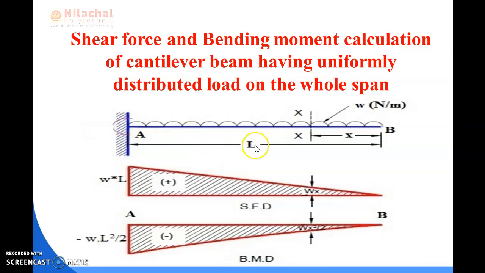So here also, if we consider this is the section, then the load we considered is at the right of the section. This kind of load will give this kind of moment. That means it will give a hogging moment towards the section which is here, so the bending moment value should be negative in nature.